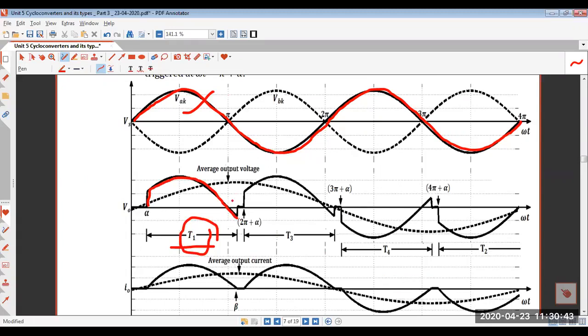So you can see at omega t is equal to pi, your output voltage is 0, but output current is not 0. You can see output current is having a certain value, right?